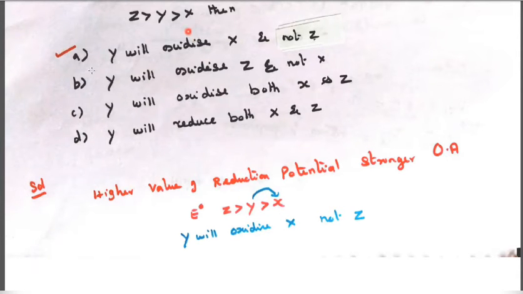The option based on Z is not given, so it is based on Y only.